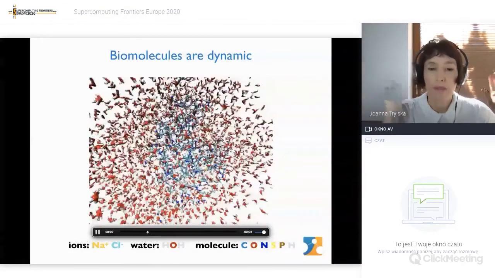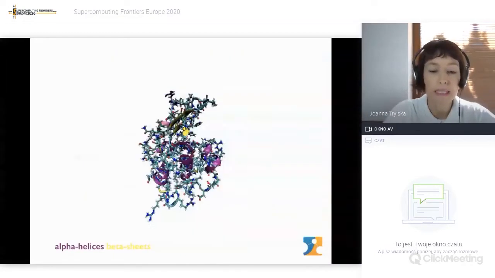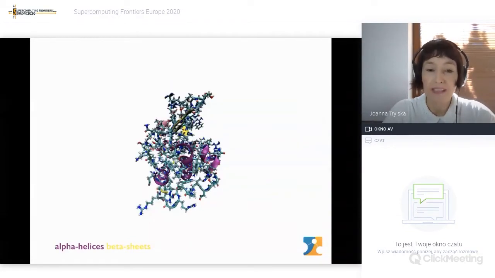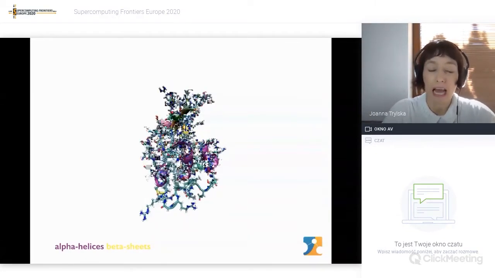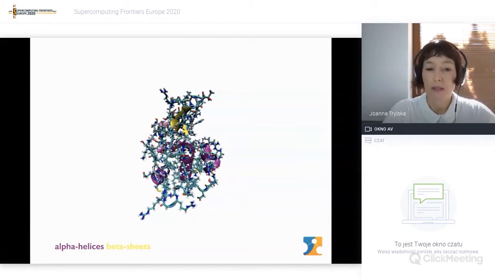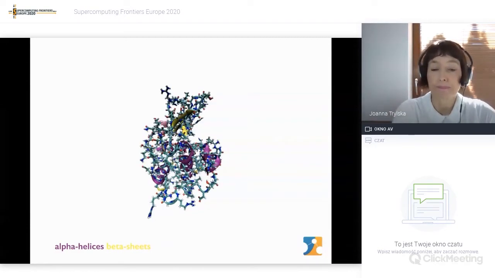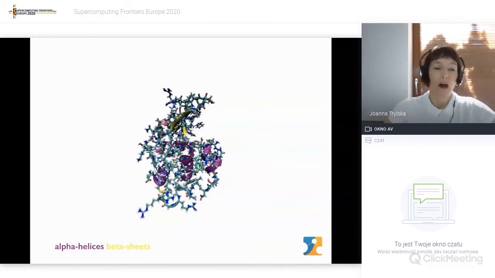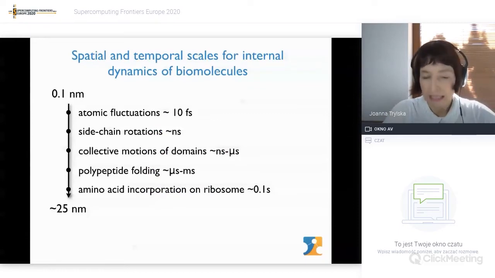If you strip the simulation movie of water molecules, it reveals some collective motions of protein fragments. So you can further analyze them and detect what is interesting and what is important. You can quantify these motions, and the timescales of these motions often span many scales, from atomistic fluctuations on femtosecond scales to, as we heard today, polypeptide folding up to milliseconds.